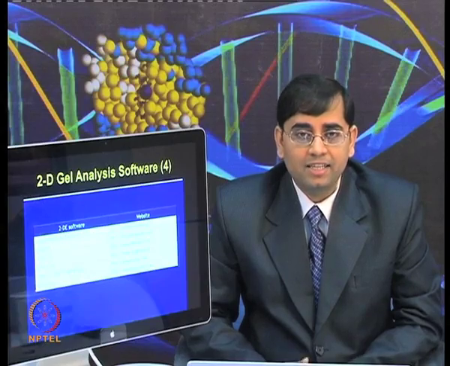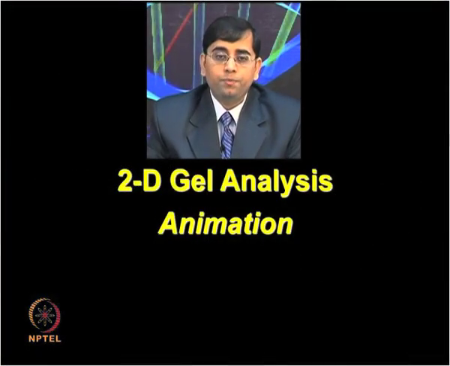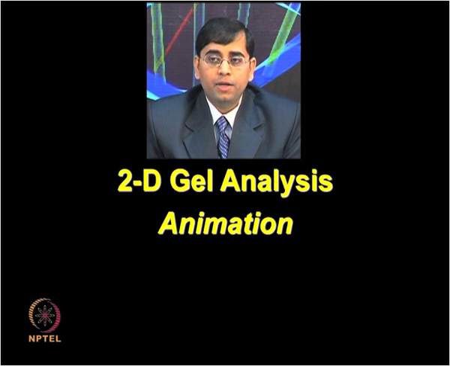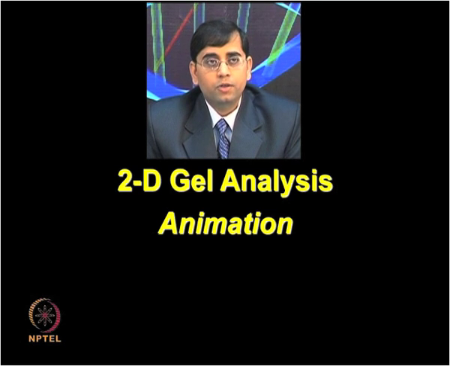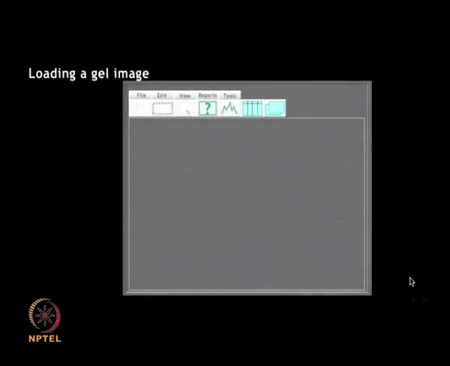to analyze these gels. Now, let me show you this animation for performing 2-dimensional gel analysis, how to go step by step to analyze your gels. 2D gel analysis software. In this animation, I will describe how to analyze 2D gel images by using a generic software layout.